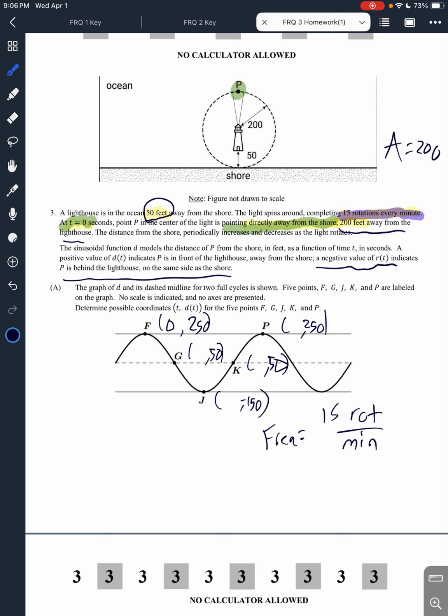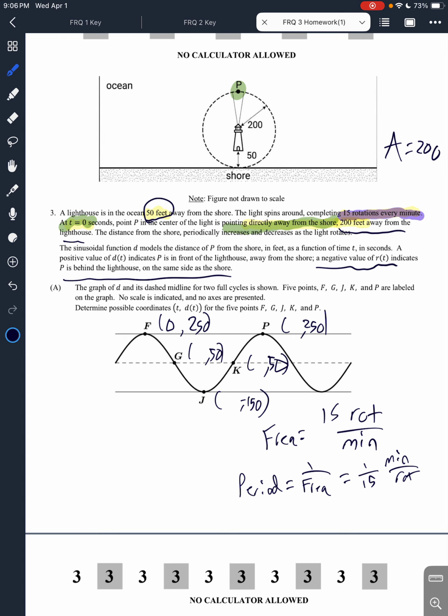So since we're given frequency, to get period, all we have to do is 1 over frequency. So our frequency is 15 rotations per minute. Our period is 1/15 minutes per rotation. Not that the units really matter here.